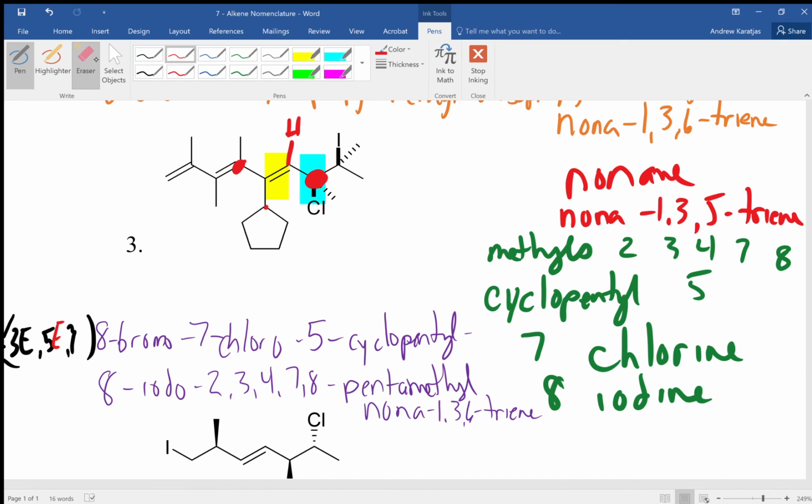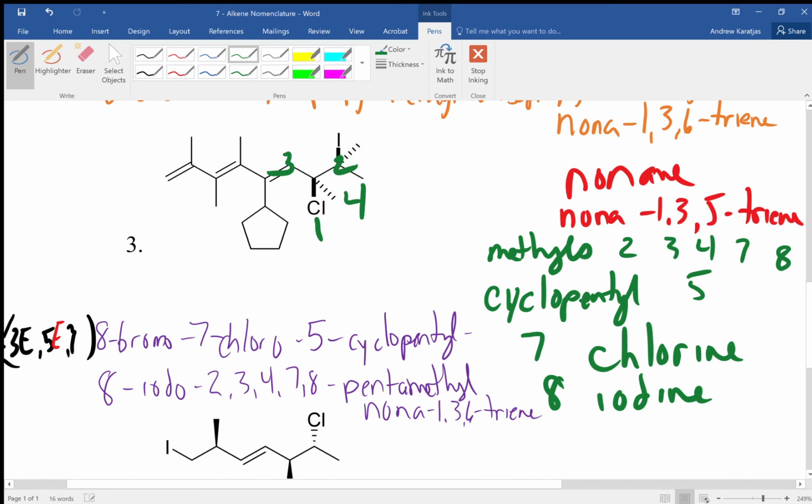And then we just need to do our chiral center. Highest priority is the chlorine. Then to the right we have a carbon bonded to iodine. To the left we have a carbon bonded to other carbons. Carbon being bonded to iodine, higher priority than other carbons, higher priority than methyl.